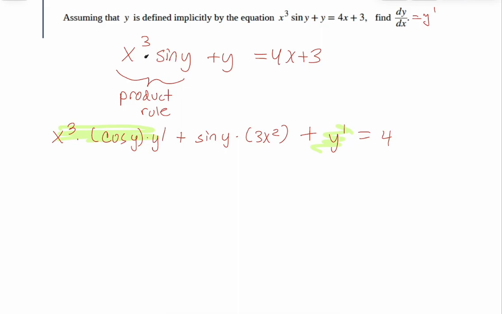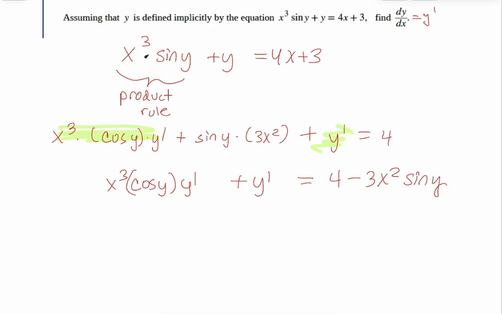So I'm going to rewrite these a little nicer: x cubed cosine of y, y prime, plus y prime equals 4 minus 3x squared sine of y.